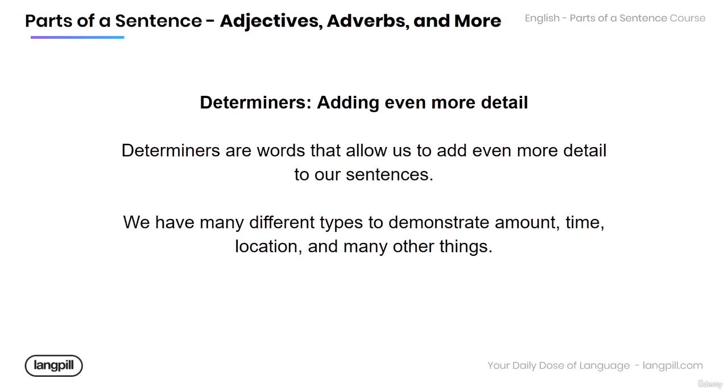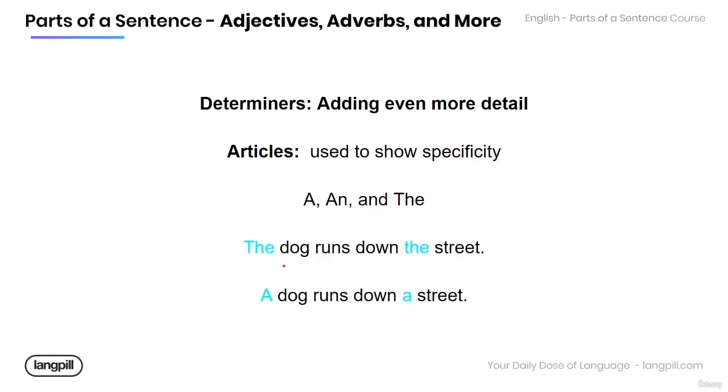And we can add even more detail with other types of words called determiners. We have different types of determiners, but mainly they're going to tell us things like amount, so how many of them, maybe the time or the location. So one of these is articles.